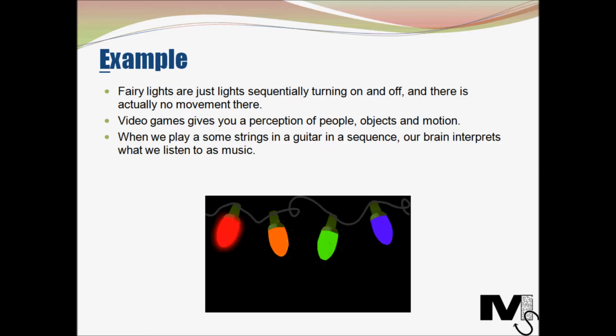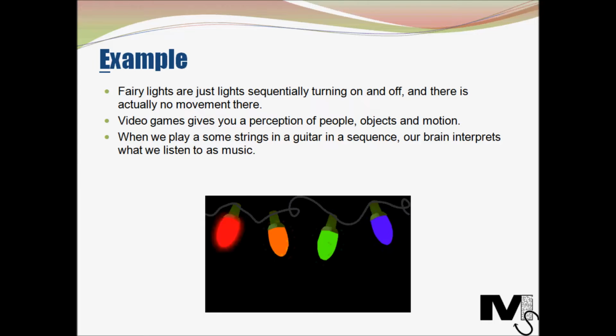And in a similar way, when we play some strings on a guitar or some digits on a keyboard, let's say, in a sequence, our brain interprets what we listen to as music. Gestalt Psychology is applicable not just in the visual context, but also in the auditory context or any other context. In all contexts where there is a possibility of a pattern.